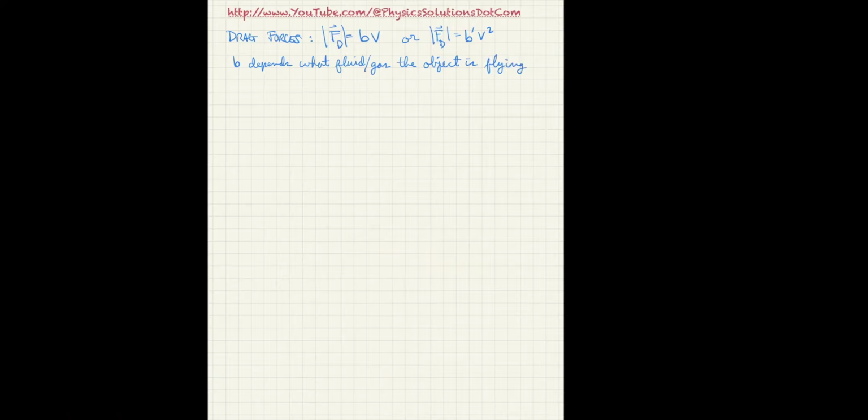And it's not necessarily flying, it could be just running or whatever. And it also depends on the cross-sectional area.